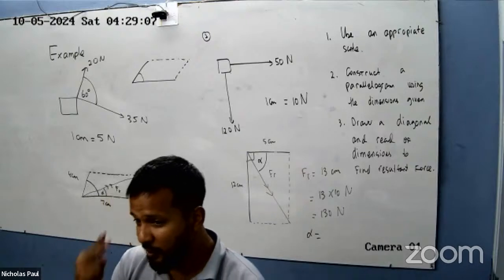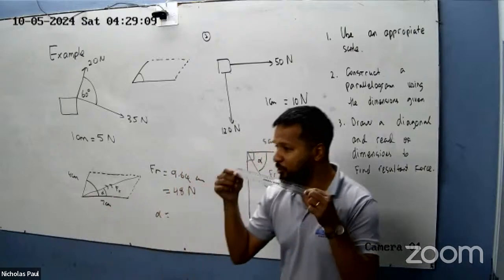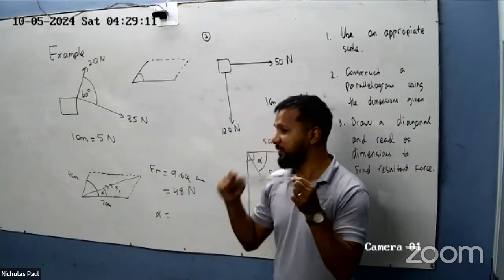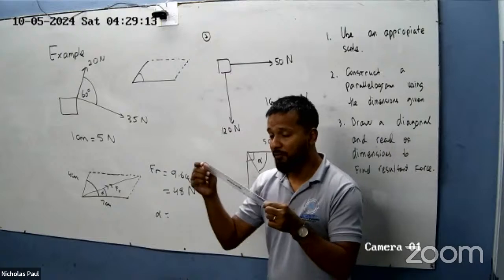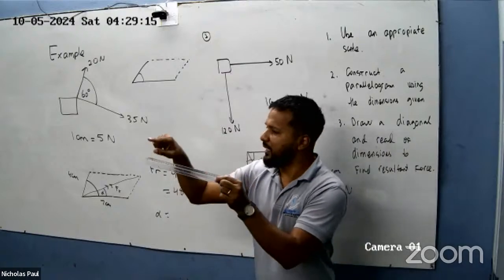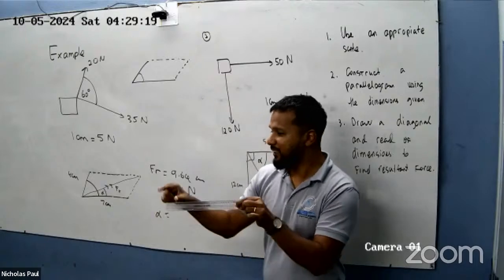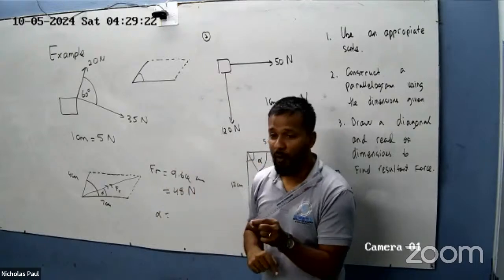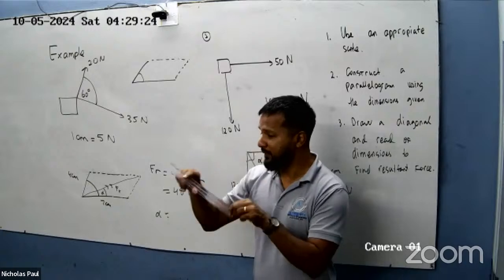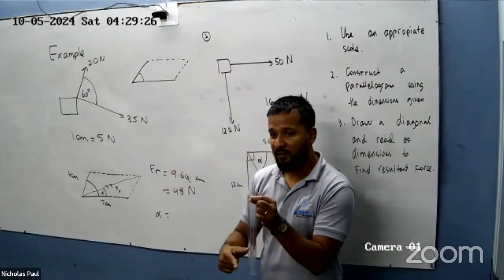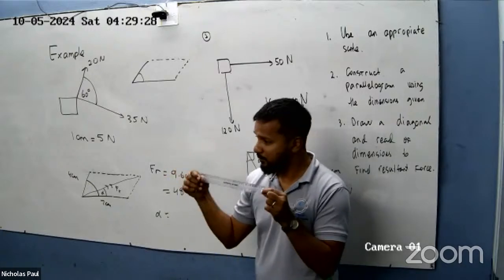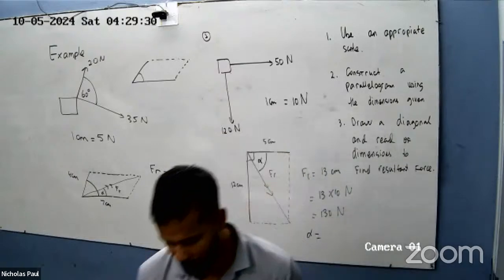So those are the two quantities that control the turning effect of a force. A force can cause this to turn clockwise or anti-clockwise. So you have two types of moments: clockwise moments and anti-clockwise moments. You okay with that?